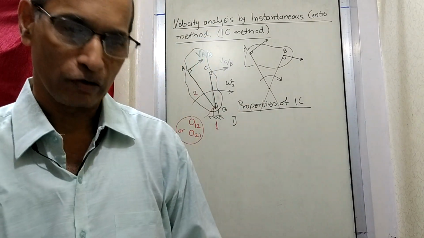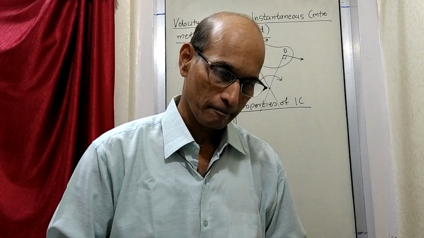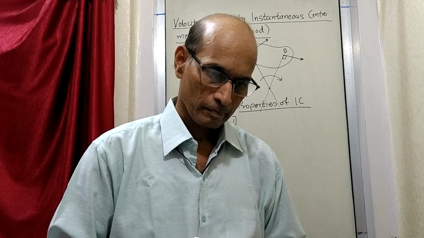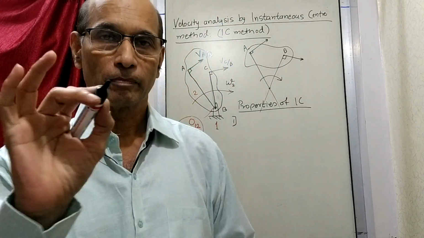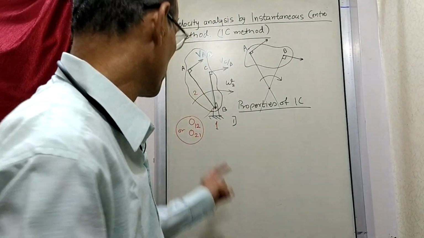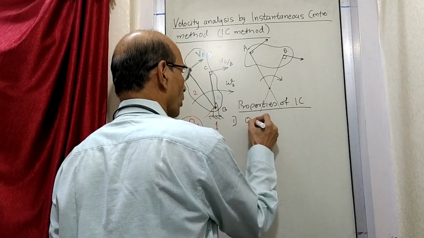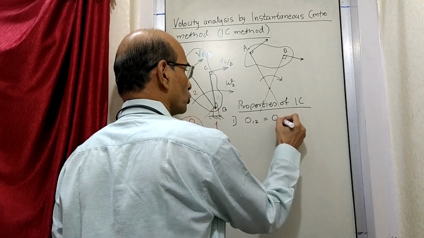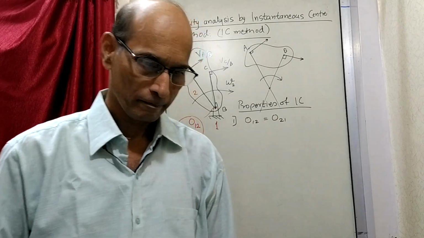I'll dictate, you have to write down the properties. It is denoted irrespective of order of link. So the first rule is O12 is the same as O21. It is denoted irrespective of the order of the link.